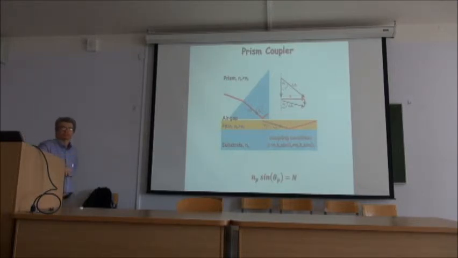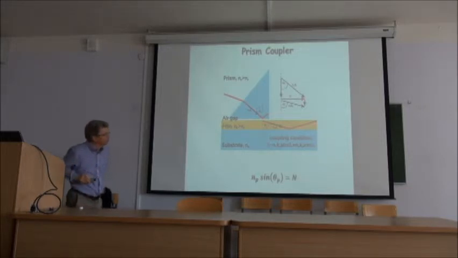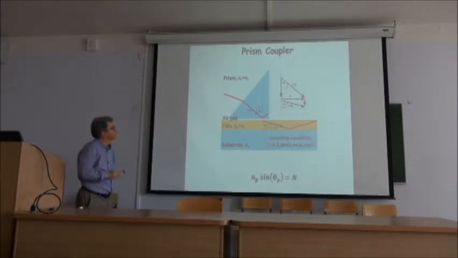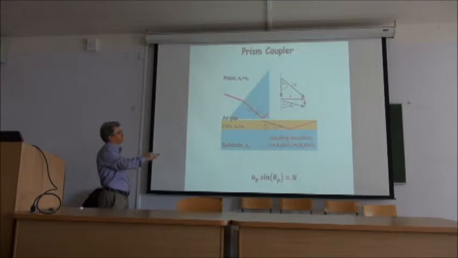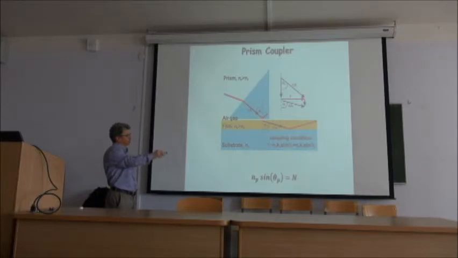So I see an air gap. Is it necessary? I'm sorry? The air gap. Yes. Okay, that's a very good question. It's not necessary, but it's good to have. Here's the issue. When you guide light, when you match this condition, you start getting light inside.